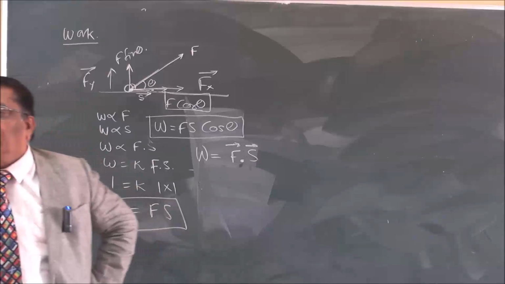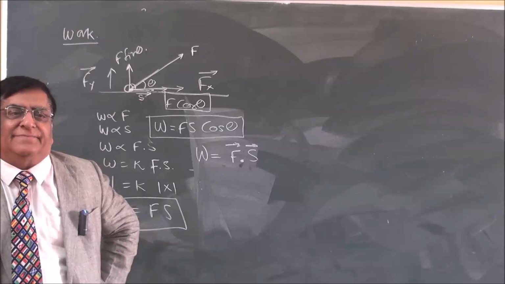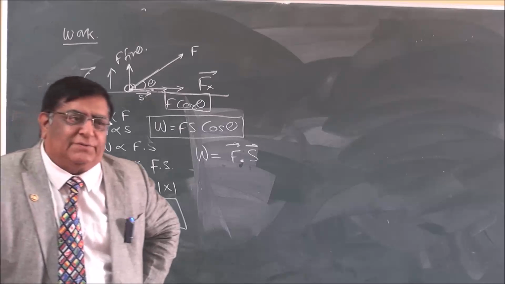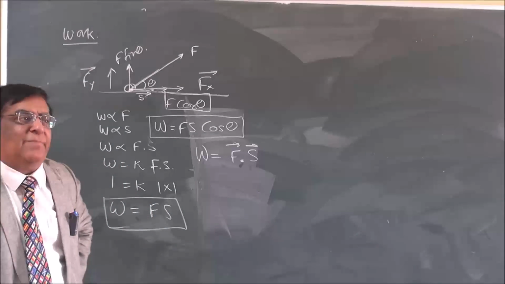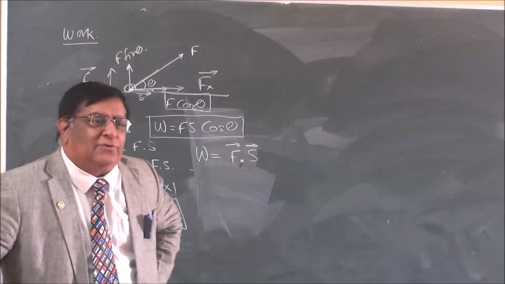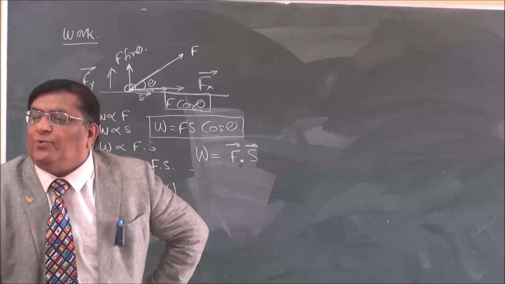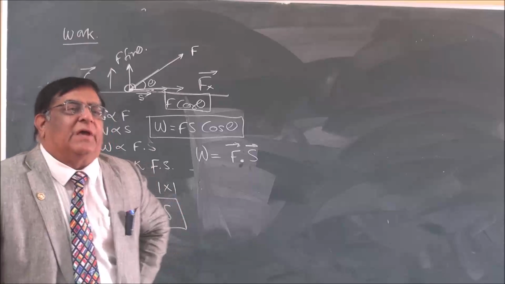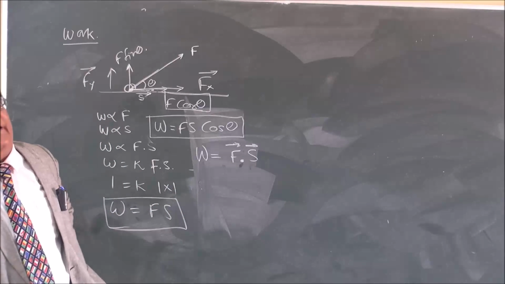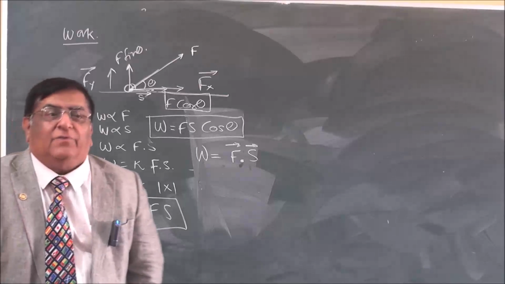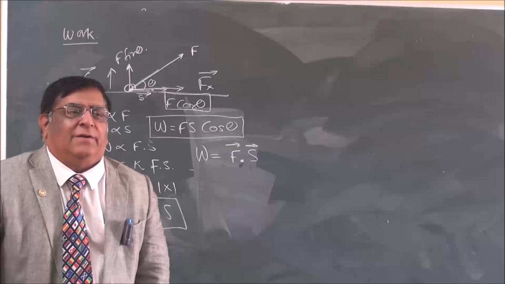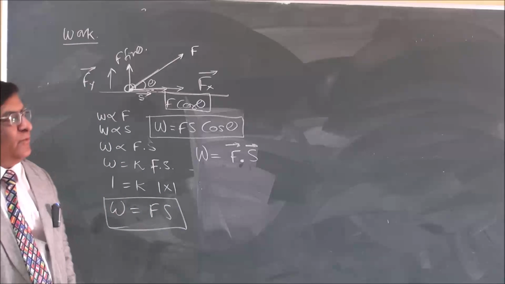Like the work done by gravity, that is gravitational force, correct sentence, right? The work done by the pulley is also correct, because the pulley is the one applying the force. So we can use both, and technically both are correct. So work is done by the force or the agency which is applying the force.